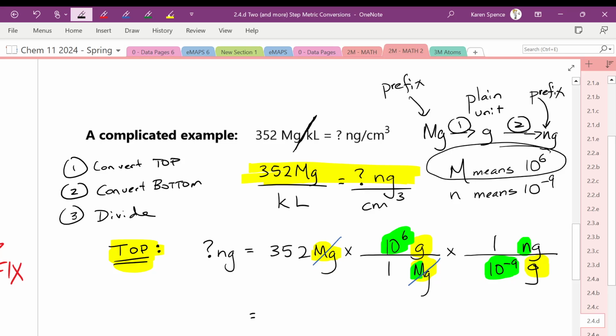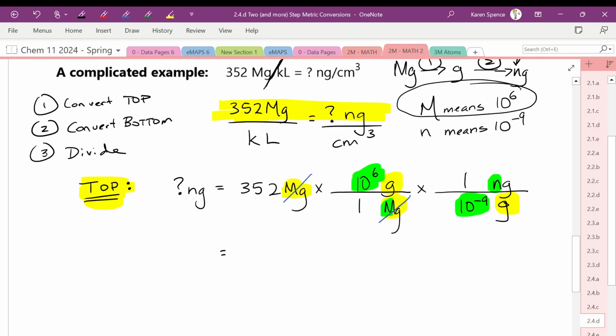Try plugging this in on your calculator and see if you can get the correct number, just to make sure your calculator skills are up to scratch. Okay? While you do that, I will do that as well. 352.